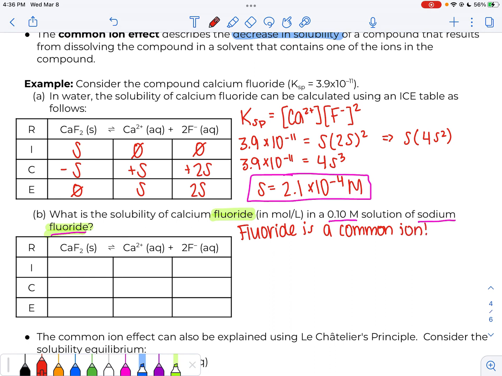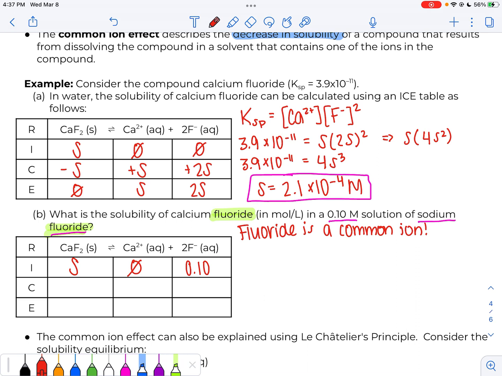So we're starting out with some amount of calcium fluoride, right? We're starting out with no calcium ion present still, but sodium fluoride is a soluble salt, which means that there will be some fluoride ions already present in the solution we're trying to dissolve the calcium fluoride into. How much? Well, there will be 0.1 much.